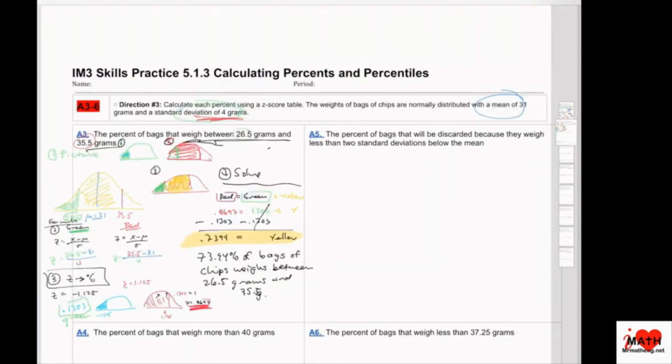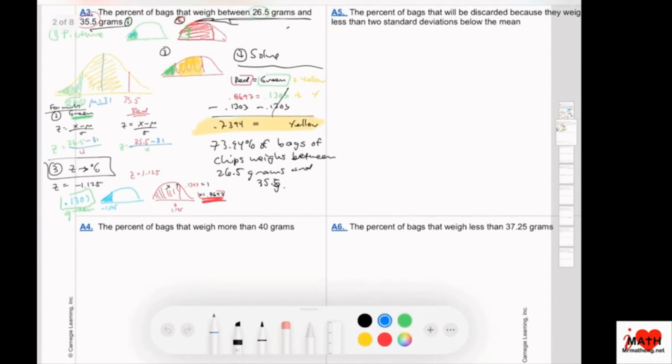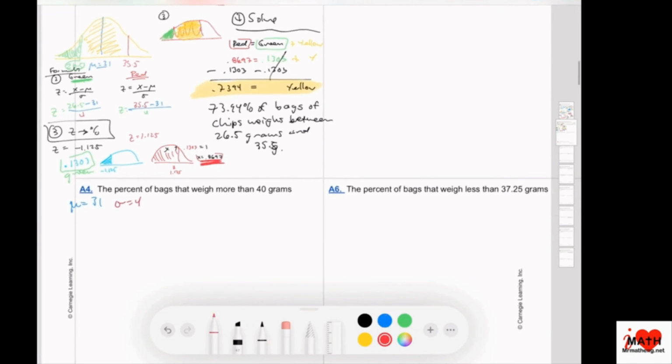All right, let's go over A4. Remember now, we're using this information up here that the mean is 31 and the standard deviation is 4. So step number 1 is to draw a picture. And the mean here is 31.